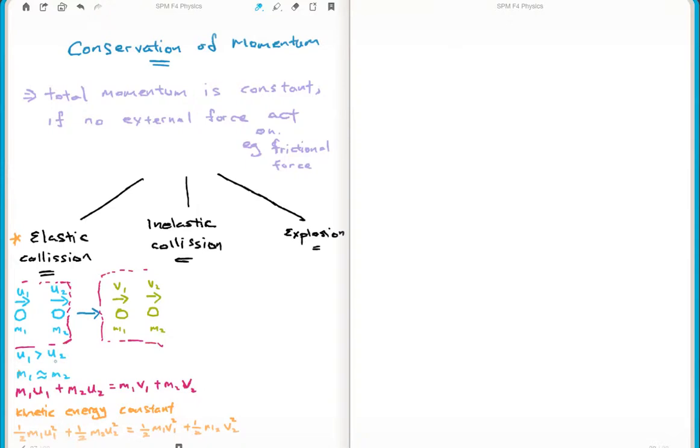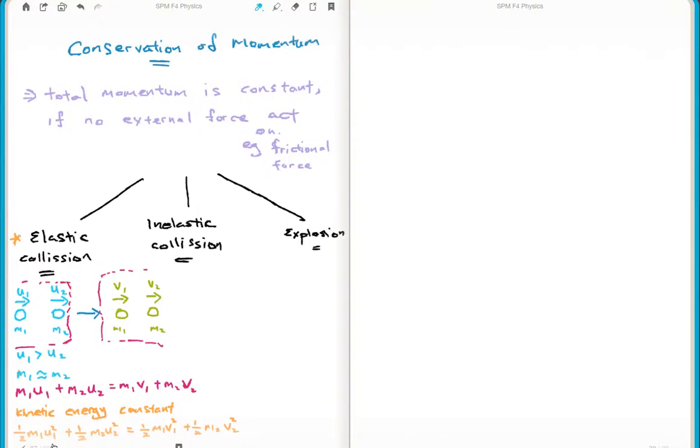But normally, the momentum will be different, right? It's all about momentum. So you just need to know that for elastic collision, total momentum is the same and total kinetic energy is the same. That's all you need to know. The details of it, you will get to learn later in A-level, SAM, or the pre-U program.